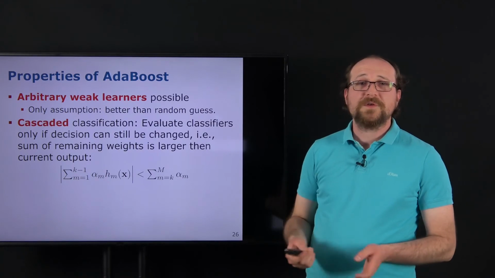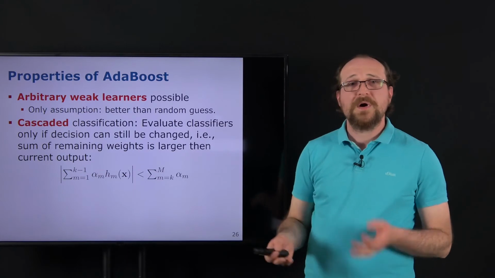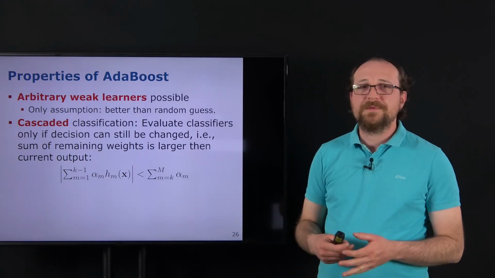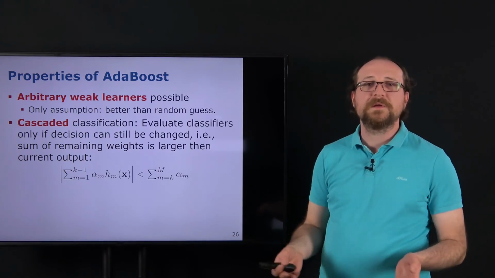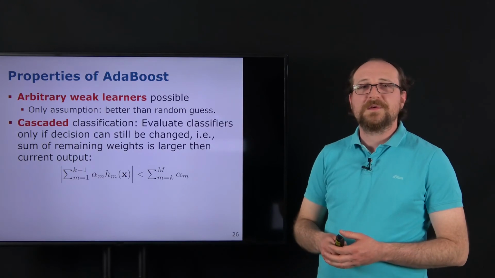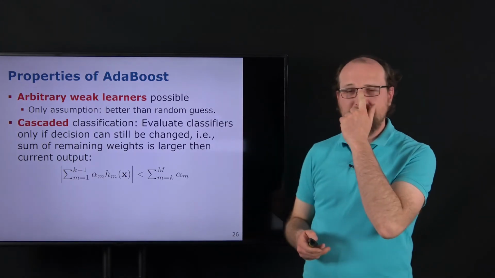So therefore we can just stop there. And this is a very powerful approach, because for some parts of the feature space, we are just maybe fine with having one weak learner that just says very confidently, okay, this turns out not to be a good thing, or maybe a few weak learners, so to say.